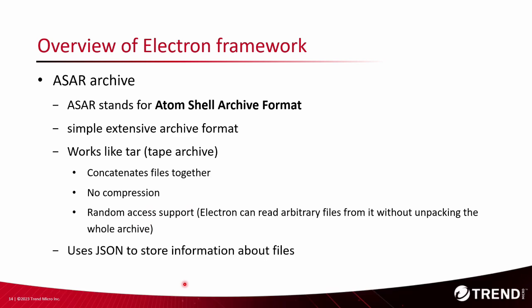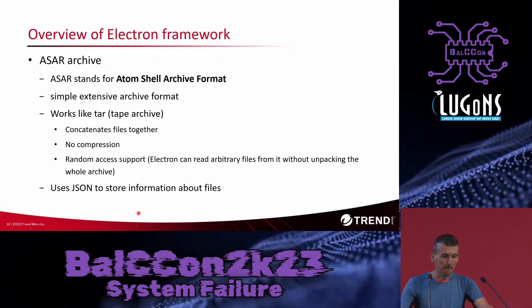If you are a reverse engineer and look into this compiled application and maybe unpack the archives, inside the archive you can find one kind of interesting file which has the extension .asar, so it's an ASAR archive. It stands for Atom Shell Archive Format. It's a simple format which contains all the sources concatenated, one file after another file.